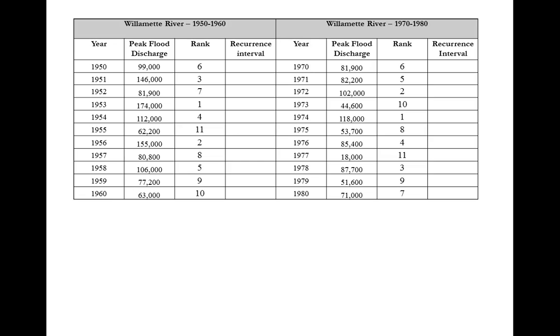Here I've gone through and ranked the discharges in each data set by size. Largest discharge is ranked number 1 in each data set. Second largest discharge is ranked number 2 in each data set, and so forth, all the way down to the smallest discharge, which is ranked 11th, because each of these data sets covers 11 years.